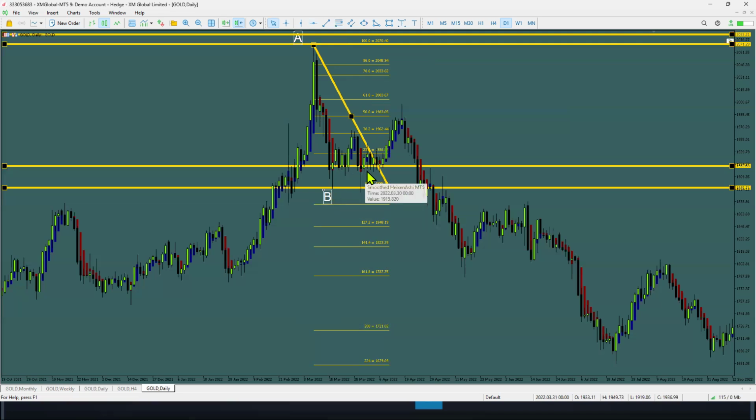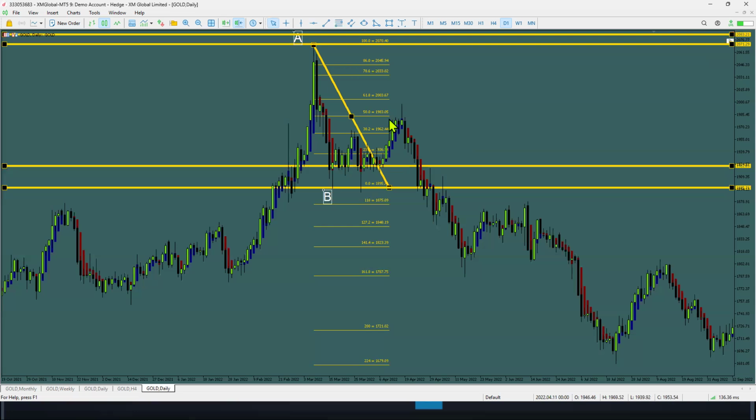Okay? So the market continued, violated this first C, and went to look for another C. Okay? And then it got to the 50% level, and then we got another sell candlestick again. Can you see that? Okay, so 50.